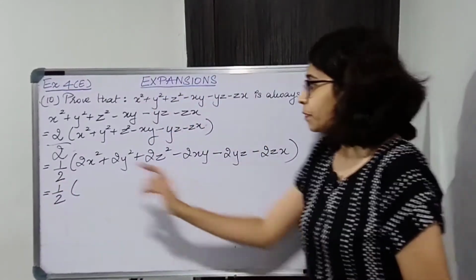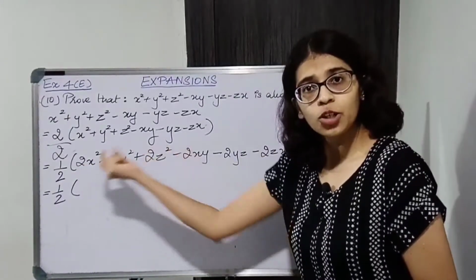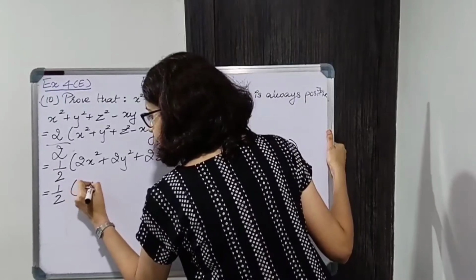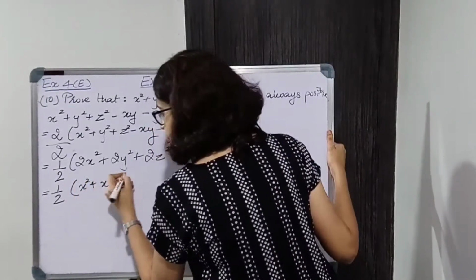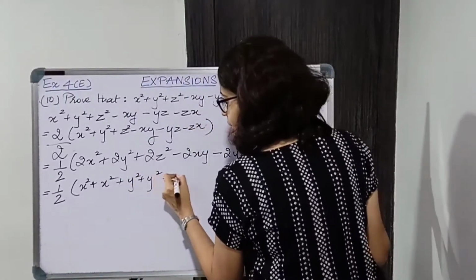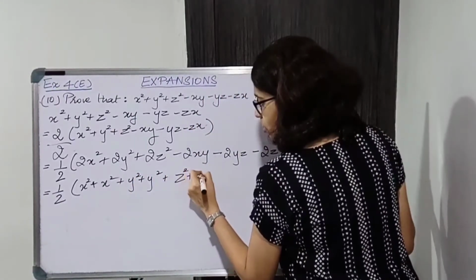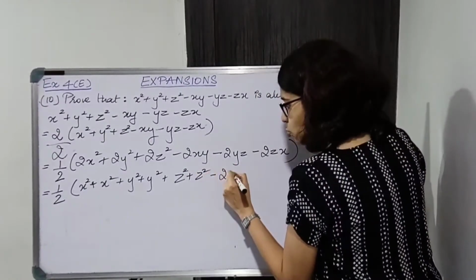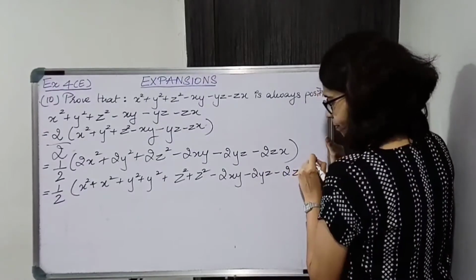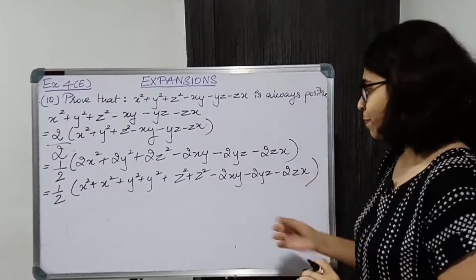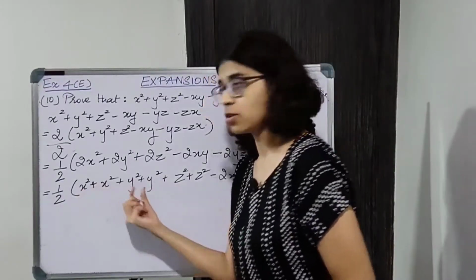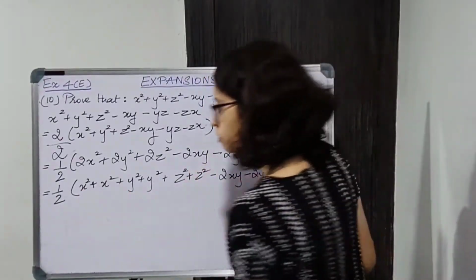Now split this. 2x square I can write as x square plus x square. 2y square again I'll write as y square plus y square, and 2z square as z square plus z square, minus 2xy minus 2yz minus 2zx. Now x square, minus 2xy and y square, bring them together.